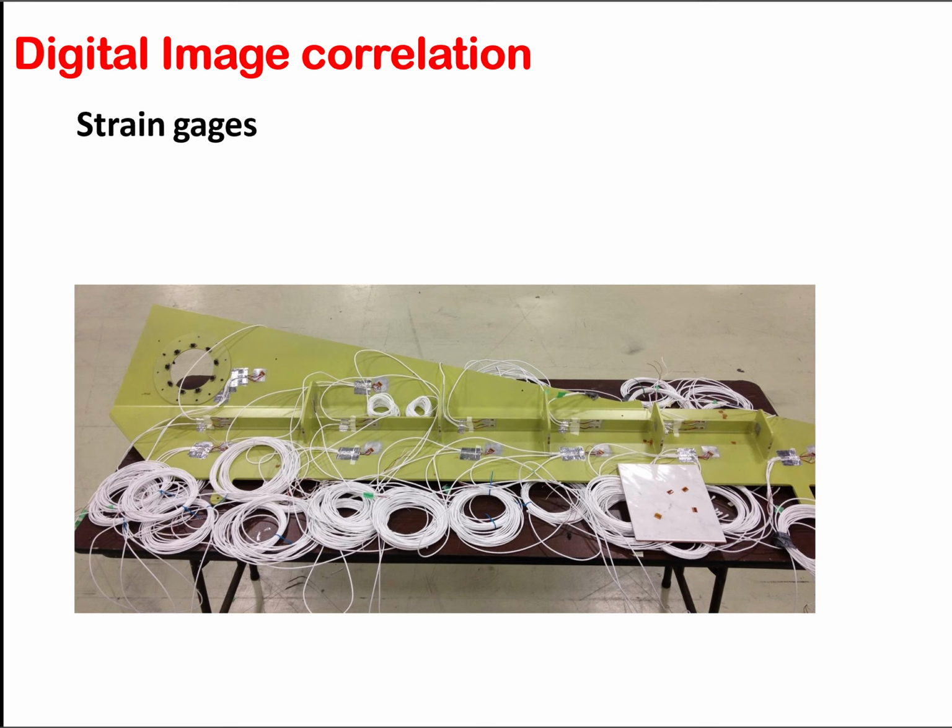Okay. And so if you want to use a strain gauge to do field measurements, you have to install a lot of strain gauges. Like we have installed 1, 2, 3, 7 strain gauges on this specific sample. But for these 7 strain gauges, we still have the problem of not seeing the strain at the locations where the strain gauge is not installed. So what happens is we install a lot of strain gauges and then we interpolate the data to find the field of a strain.